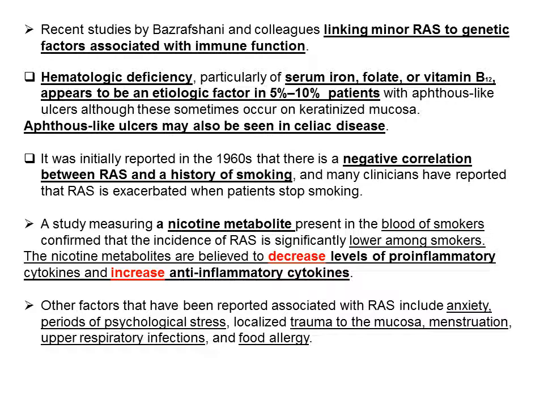But there is a negative correlation between recurrent aphthous ulcer and a history of smoking. They found that when patients stop smoking, recurrent aphthous stomatitis appears or increases. So stopping smoking is associated with an increased incidence of recurrent aphthous stomatitis.